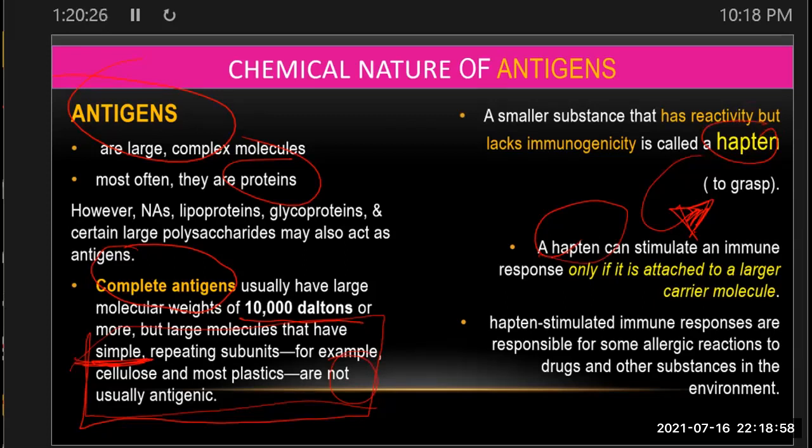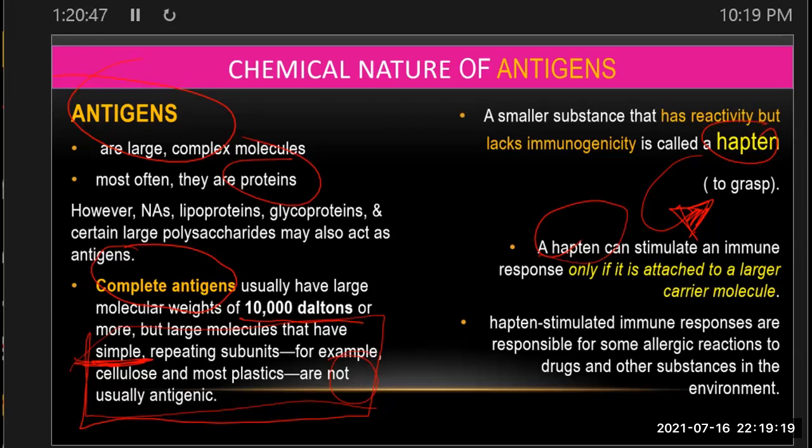That's why hapten-stimulated immune responses are responsible for some allergic reactions to drugs and other substances in the environment. Take, for example, penicillin, which can become a hapten in some instances. That's why some people are allergic to penicillin, right?